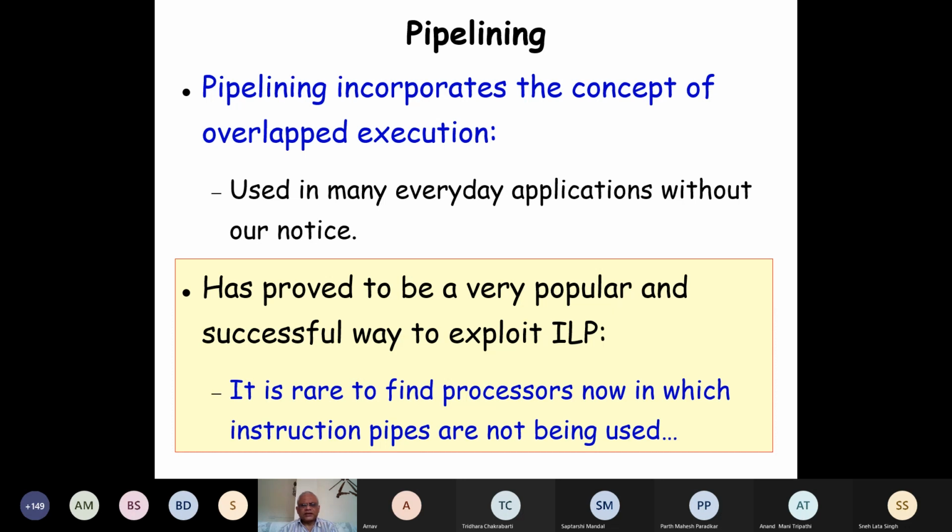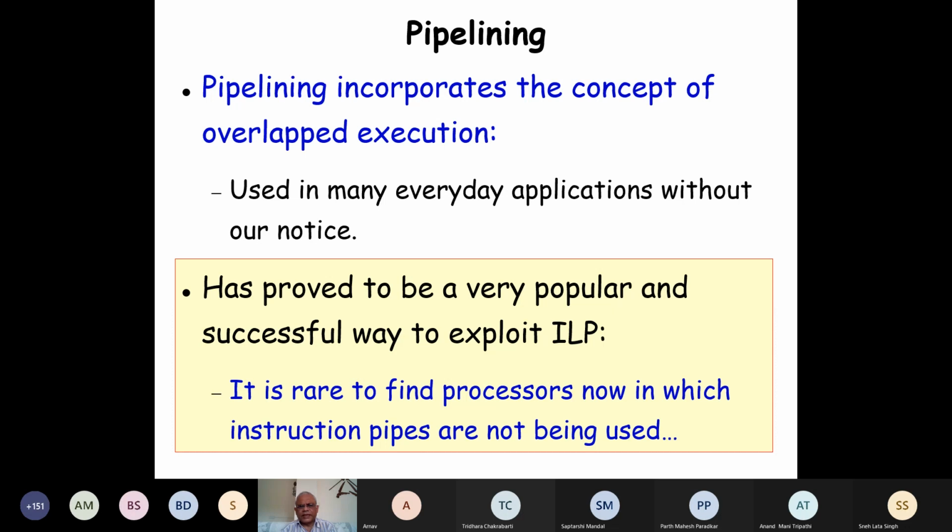But it is not restricted to processors. We do this in our everyday applications, but we don't notice. We are so used to the pipelining concept, we don't even notice that we do it. And it has proved to be very popular, and we call that instruction level parallelism, or ILP. Pipelining is an example of ILP.